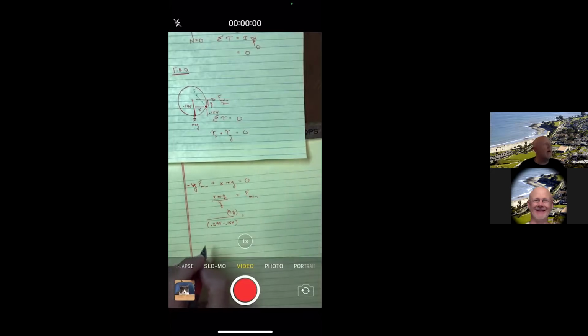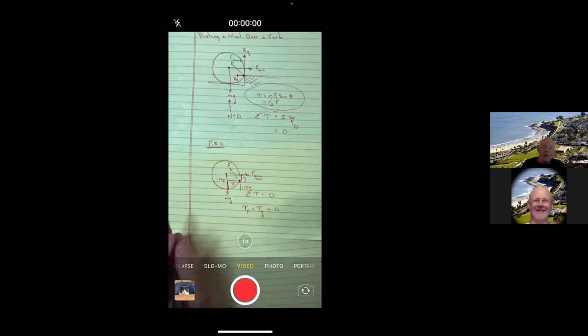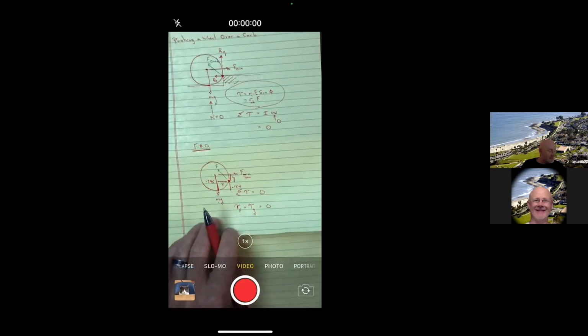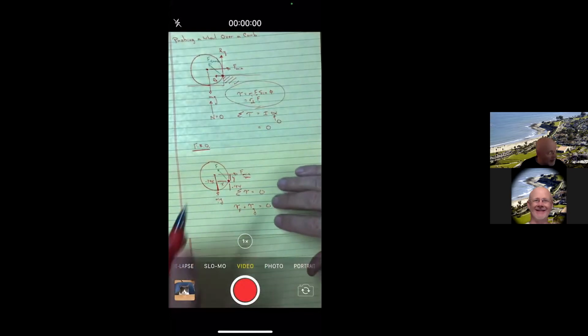My g is 9.8. The mass is 1.16. Now, the x might take a little more work. I'll use the Pythagorean theorem. You saw that in a couple of the other videos, but particularly the one with the can.